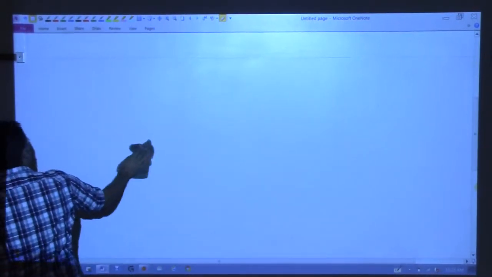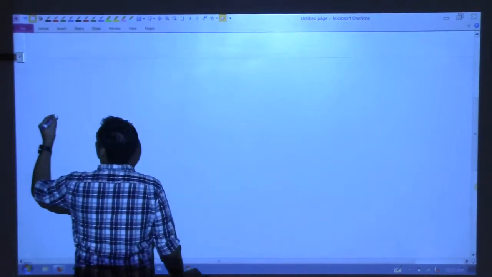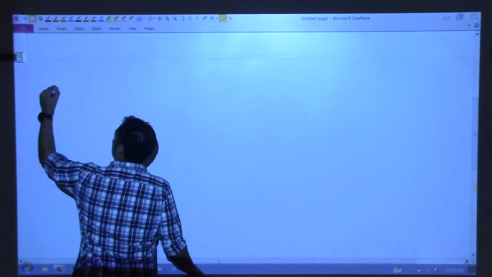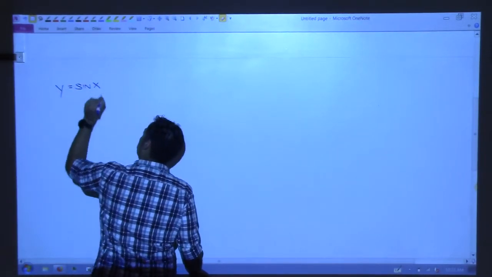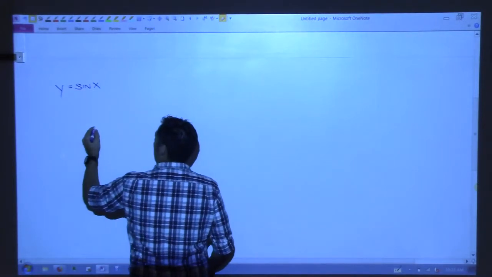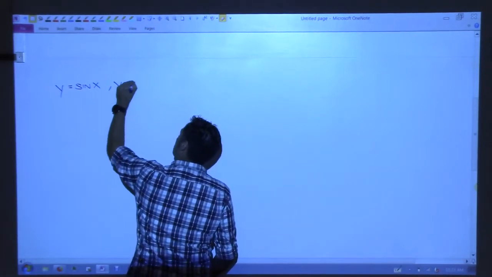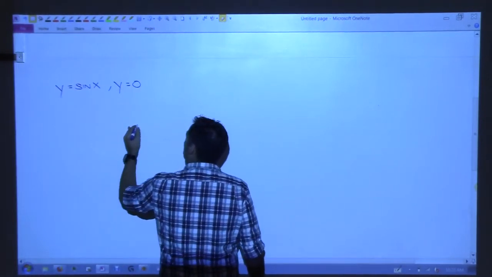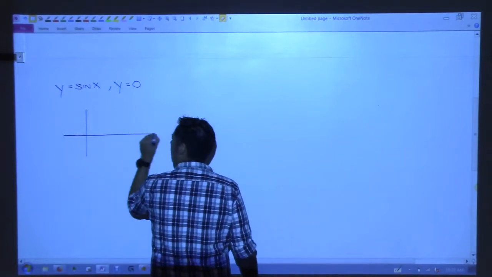Okay, so now that you seem to get this, let me ask you to do this one. I want you to look at y equals sine x, and y equals 0. I'll draw it for you.